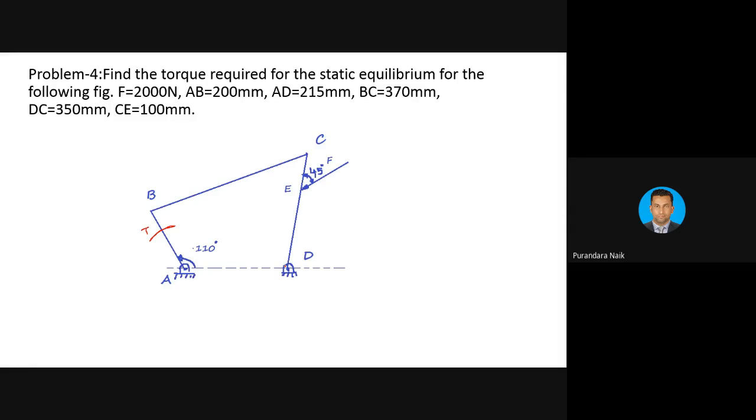After that, take 110 degree and cut the length AB. AB is 200 mm, 2 centimeter.